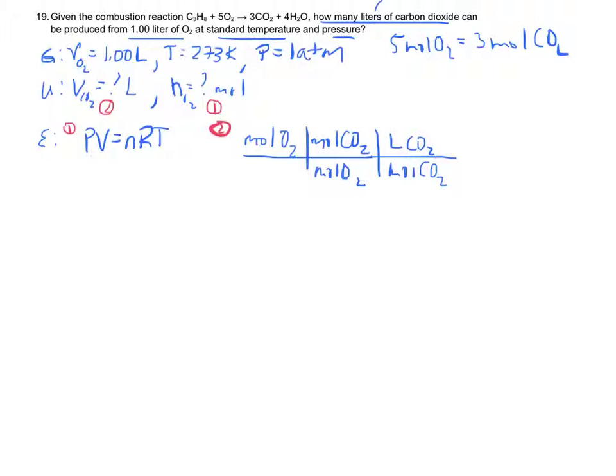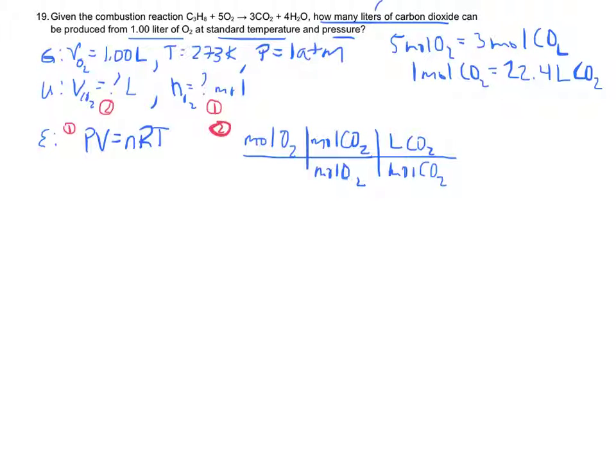And then the relationship between moles of gas and the liters is off of your formula chart. The volume of an ideal gas at standard temperature and pressure is 22.4 liters per mole. We know we're at standard temperature and pressure, so we can use that. So that means that 1 mole of CO2 is equal to 22.4 liters of CO2. So that's what we'll use for the second equivalent statement.